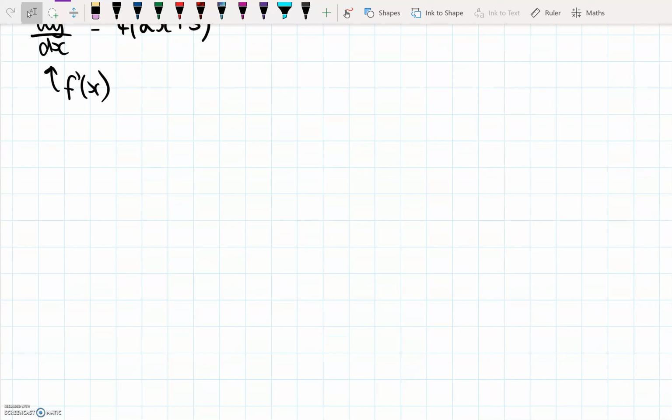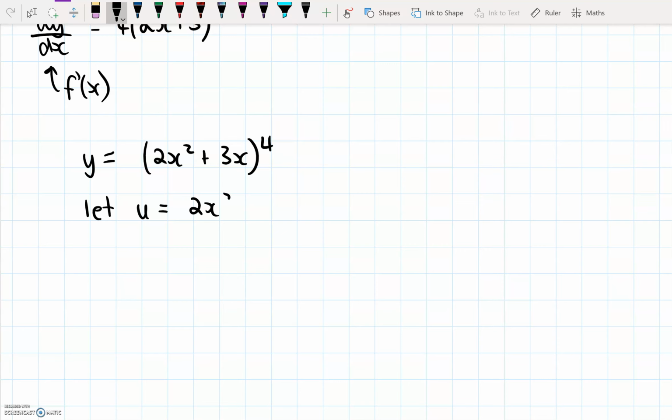So if I gave you y equals (2x squared plus 3x) to the power of 4, what I'm going to do now is go through the real structure of how to do this. The first thing we do is let u equal 2x squared plus 3x.